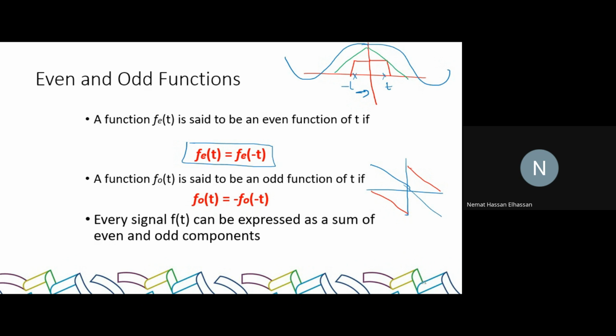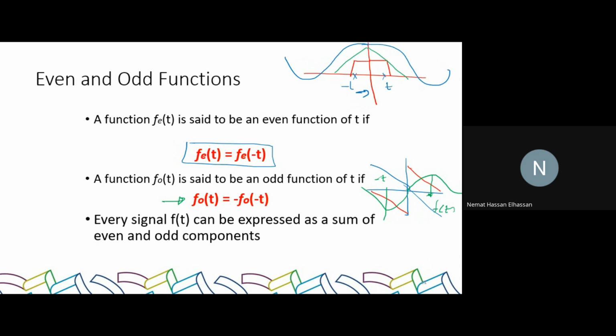For example, this sawtooth signal or this signal, which is sine. F of t, the function here, is equal to minus f of minus t. We call this an odd signal.